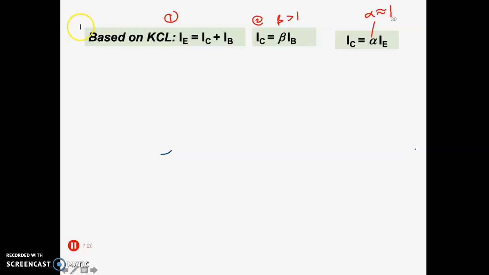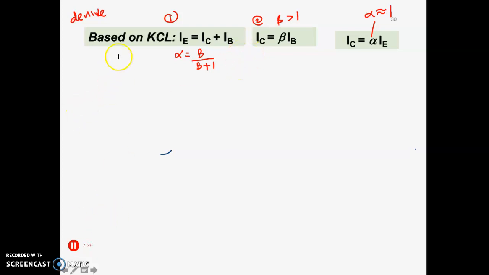So what you need to do now is the derived equation. From these three equations, you need to derive and show the relation between alpha and beta. The first one is alpha equals beta over beta plus 1.